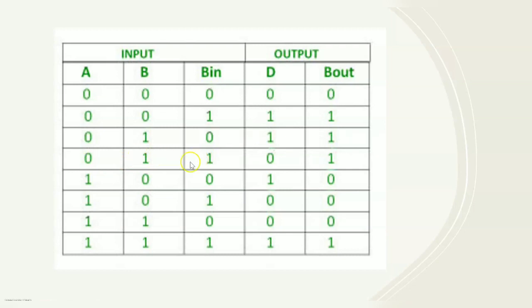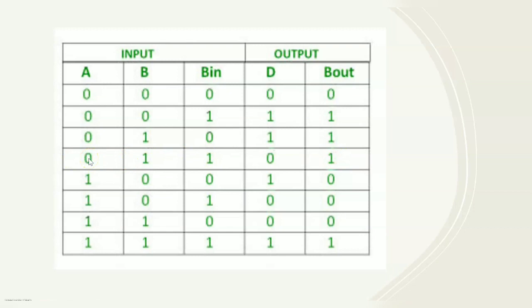In this case, 0 minus 1 gives difference 1 and borrow 1. But that difference you are going to subtract with the next number, so you take 1 minus 1. So the difference will be 0 and borrow will be 1, for the case of 0, 1, 1.